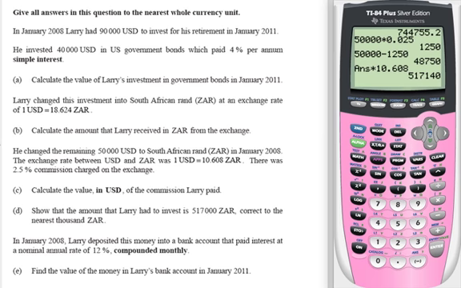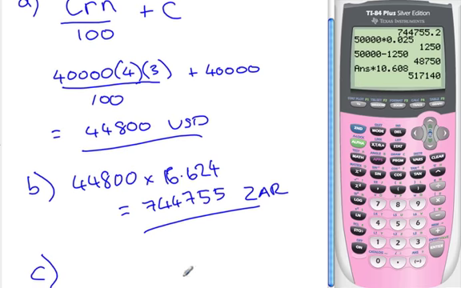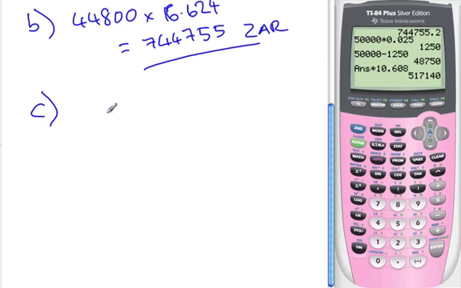But we need to show, let's write out part C and D properly now. Okay, so part C was find the amount of commission. So we had our 50,000 times 0.025, which gave us 1,250 US dollars.